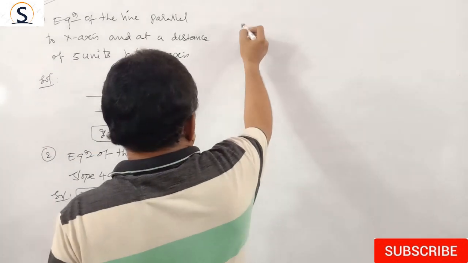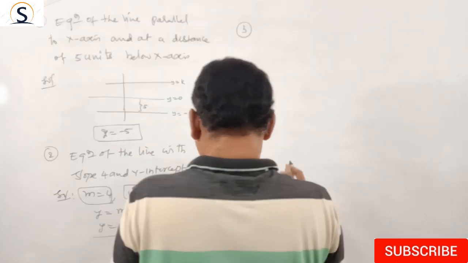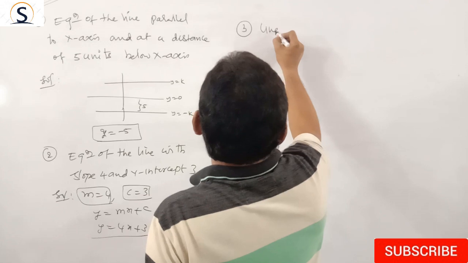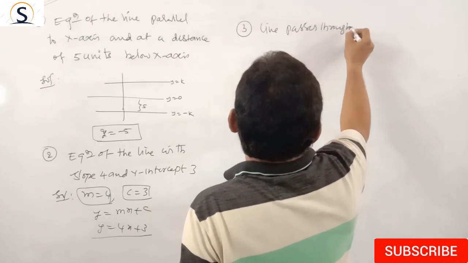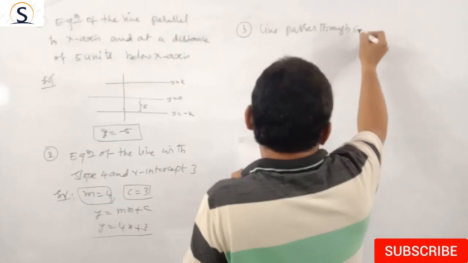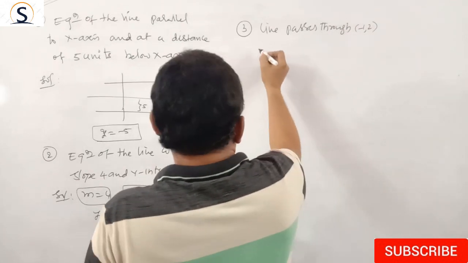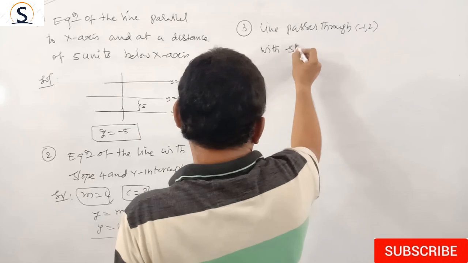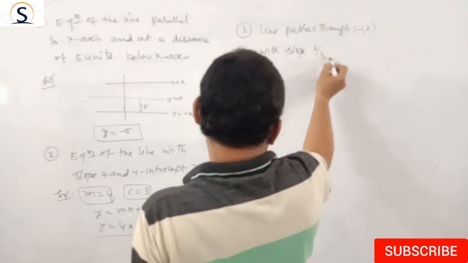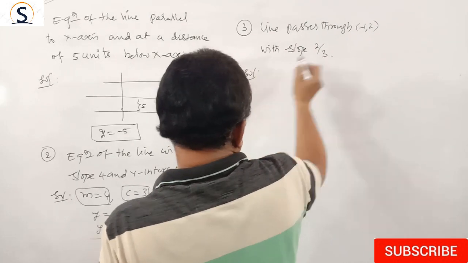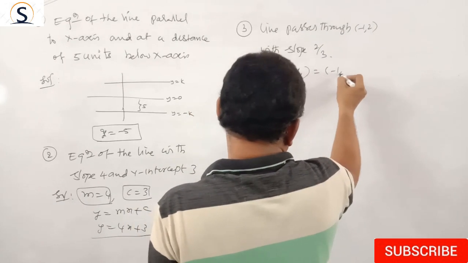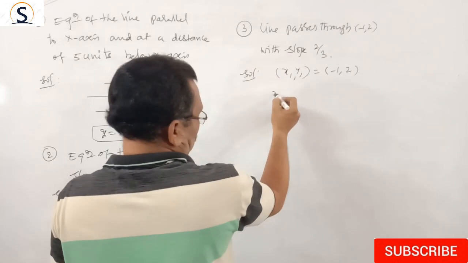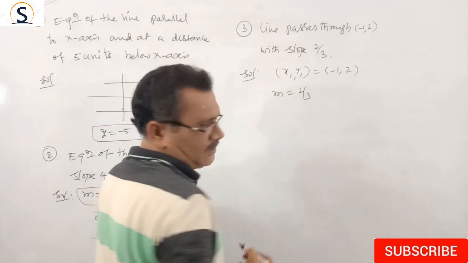Now the next problem. Line passes through minus 1 comma 2 with slope 2 by 3, passing through the point x1 y1. x1 y1 is minus 1 comma 2 and the slope m is equal to 2 by 3.